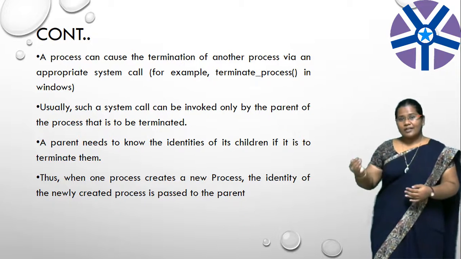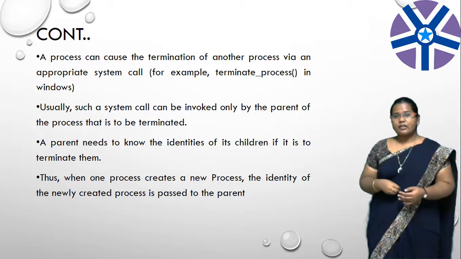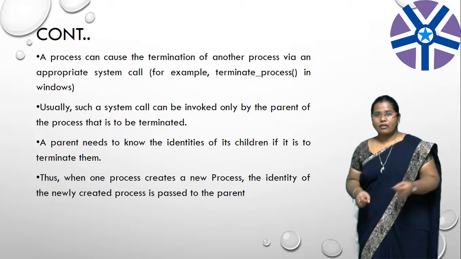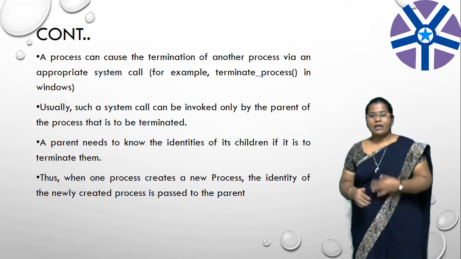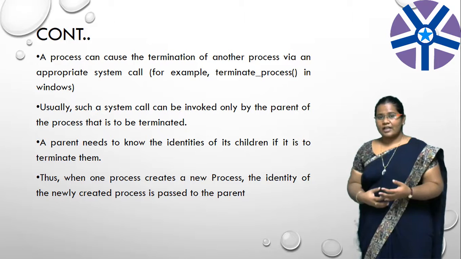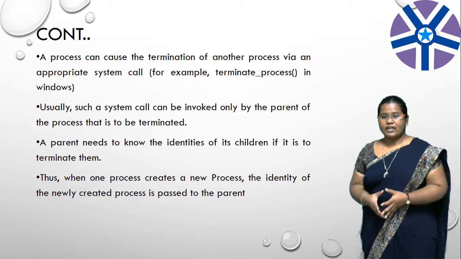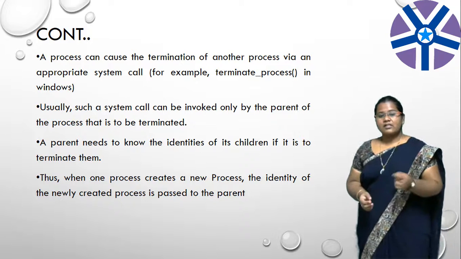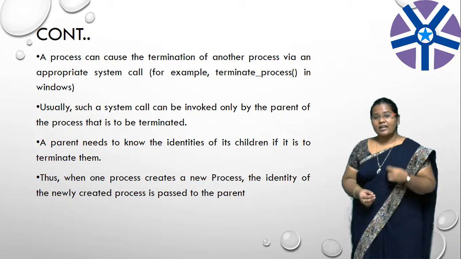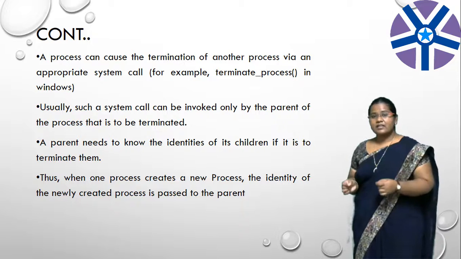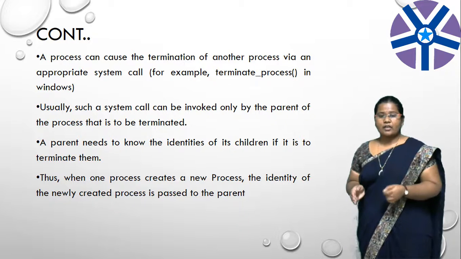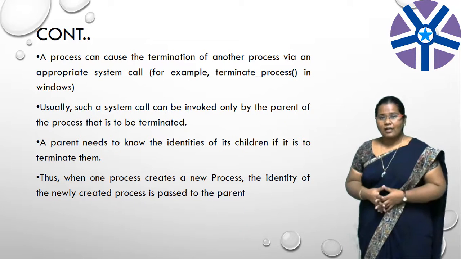No other process is allowed to terminate a child of another parent. In order to terminate the child, a parent needs to know each and every detail of that child process. Thus, when one process creates a new process, the identity or the process ID of that child process is passed to the parent.